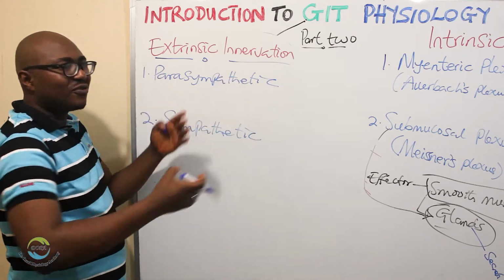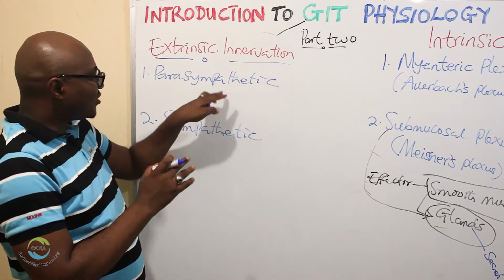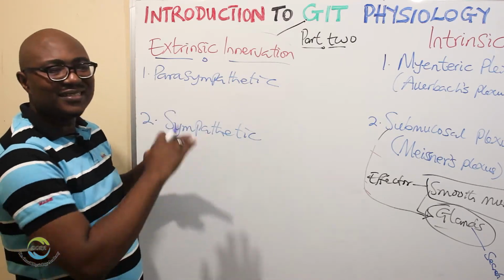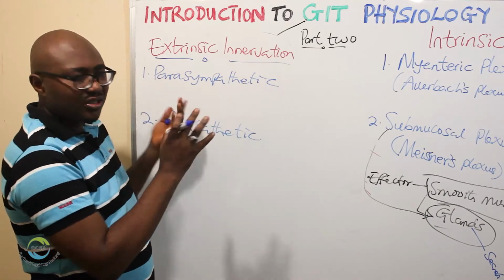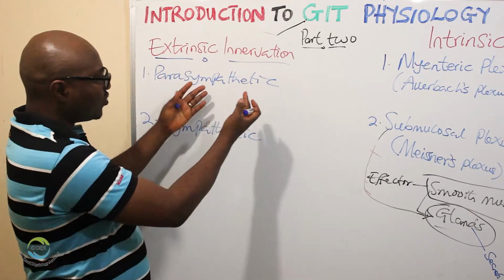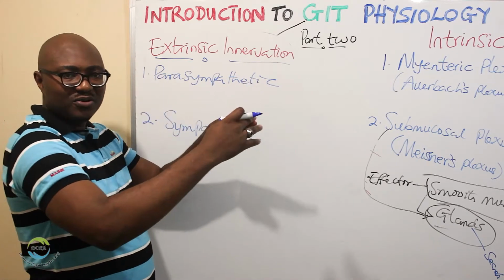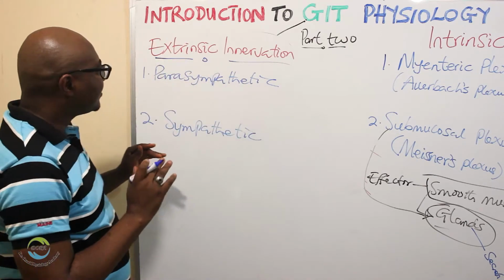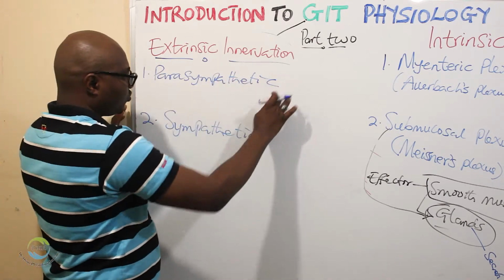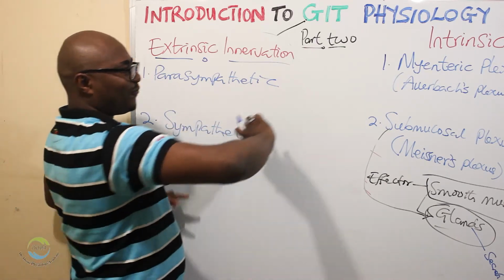Okay, the enteric nervous system functions in a similar way to the normal autonomic nervous system, just that it is special. It doesn't need to be connected to the central nervous system to function. These ones have to be connected to the spinal cord, which is part of the central nervous system. All right. So these two divisions of the autonomic nervous system, they influence.